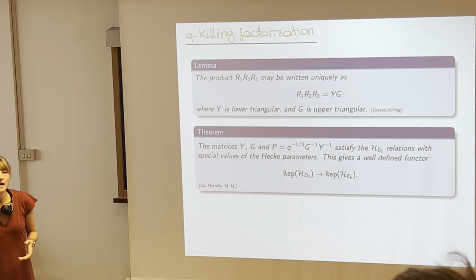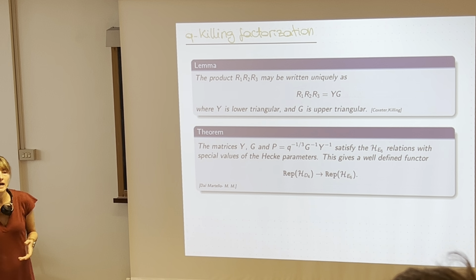And then you do something which is also quite standard in algebra. You do a Gauss factorization. You take the product and you say, I want to consider this product as the product of an upper triangular matrix and a lower triangular matrix.